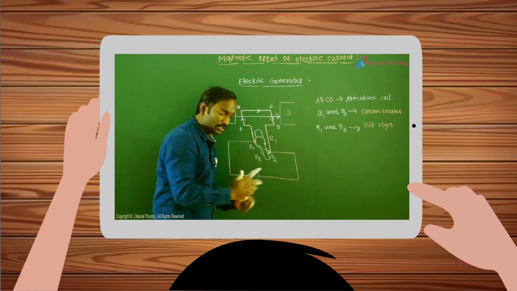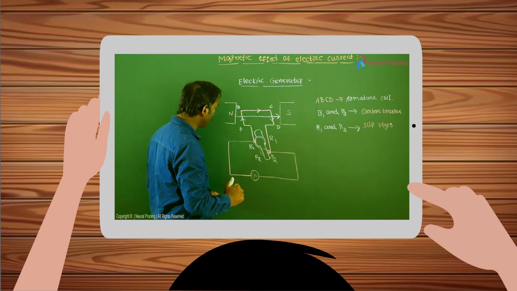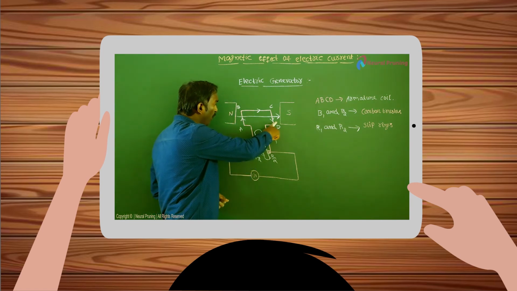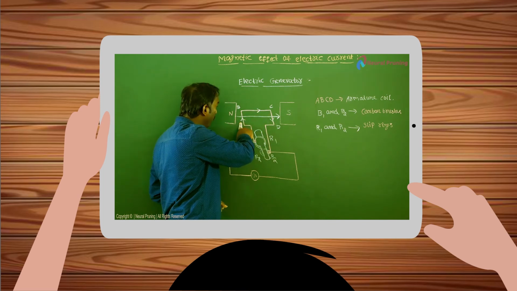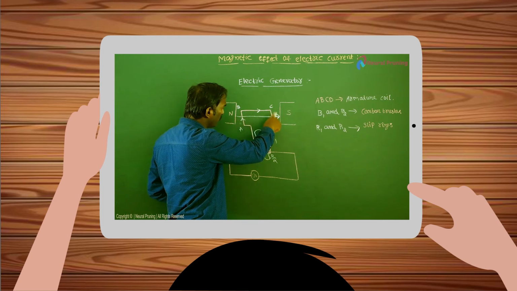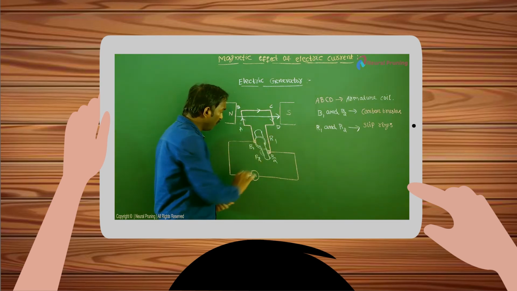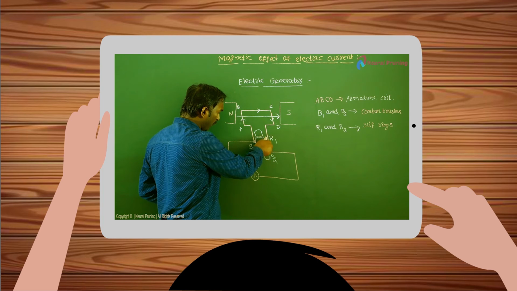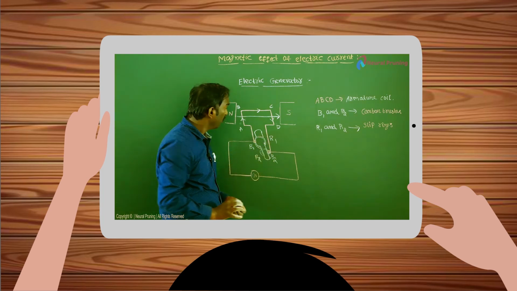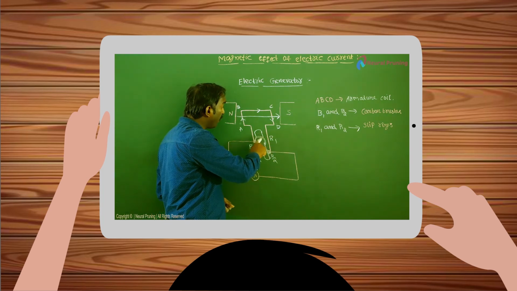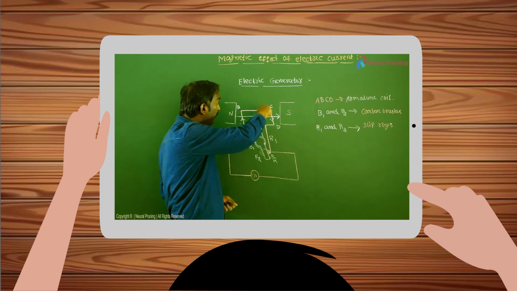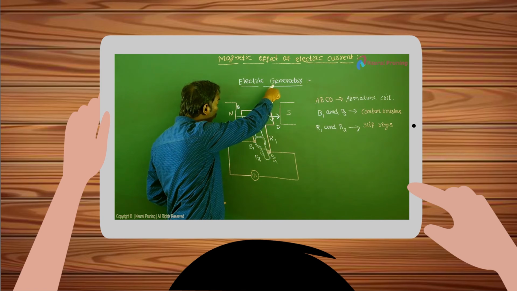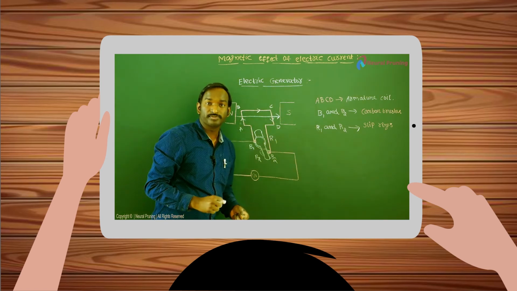During one half of the rotation, see, it rotates like this. Arm CD reaches the position of arm AB, and AB reaches the position of CD. And see here, this ring rotates. Now the direction of current through arm CD is upwards, and the direction of induced current through arm AB is downwards.